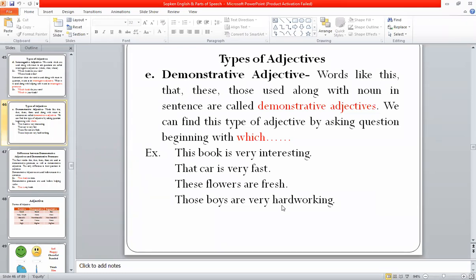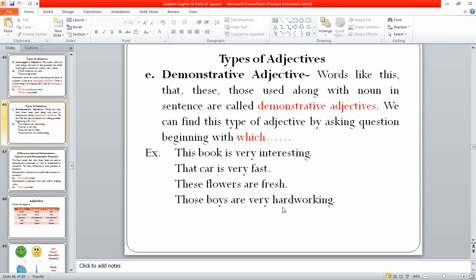So next is, "Those boys are very hardworking." Let's ask a question starting with which: which boys are very hardworking? It will answer those boys.